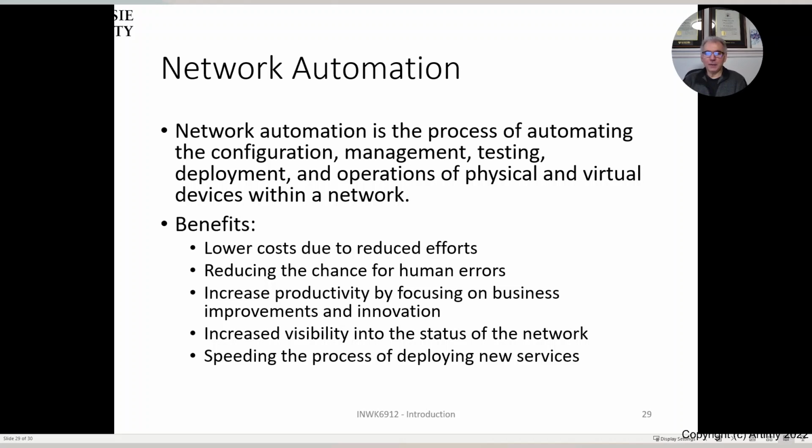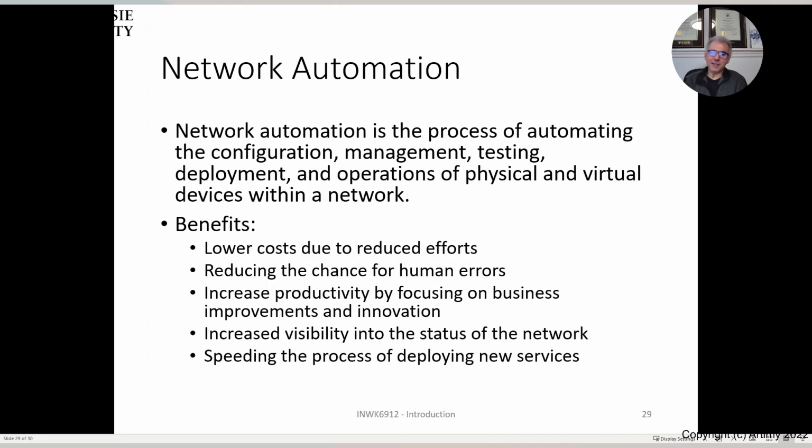Automation also increases productivity, because as a network manager, you probably want to spend your time looking ahead, looking at designs, at how to improve the performance of the network, how to expand it, focusing on business improvement. You don't want to spend your day configuring.